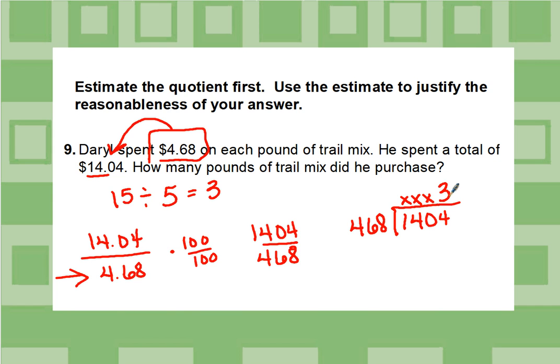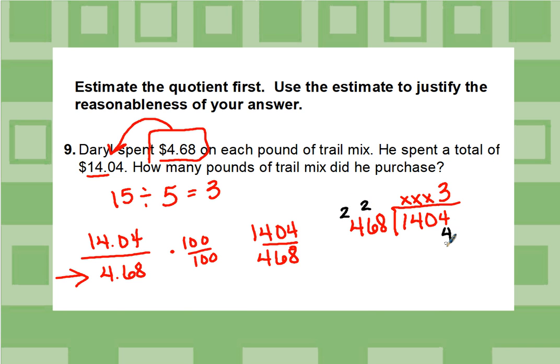And 3 times 468. Now, we didn't make a chart, so I am literally going to multiply it out. Okay, so I'm going to show you a little bit. 3 times 8 is 24. So I'm going to carry my 20 and write down my 4. 3 times 6 is 18, 19, 20. Have to add those.